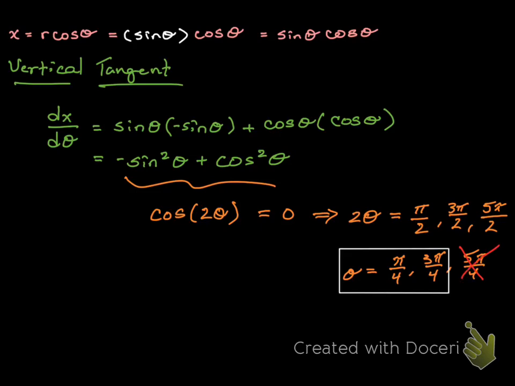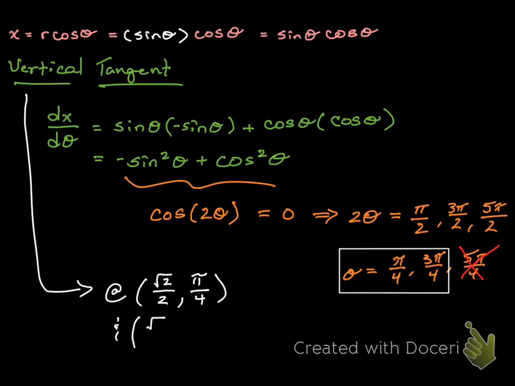So the theta values that I get where my tangents are vertical, slope is undefined at these points, are when theta is pi over 4 and 3 pi over 4. When theta is pi over 4, r is radical 2 over 2. And when theta is 3 pi over 4, I actually have the same value there for r. Okay. Those are the two polar points where tangents are vertical.